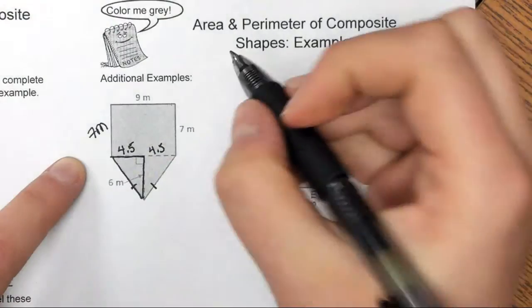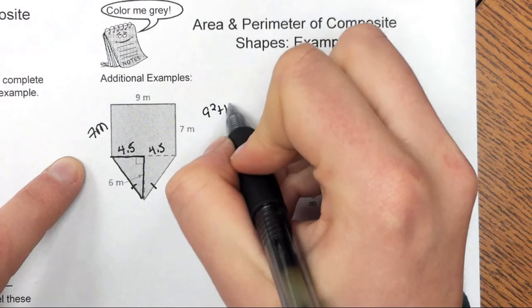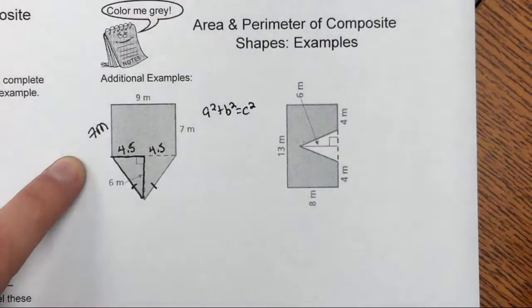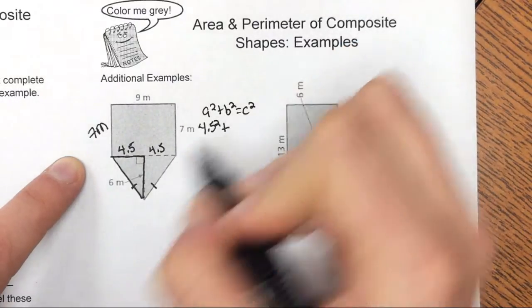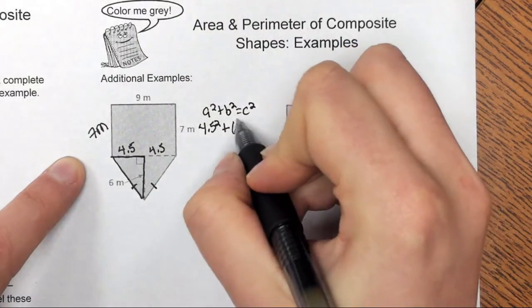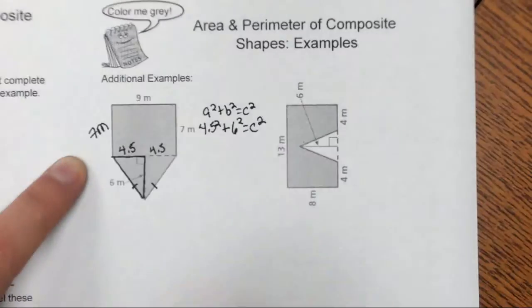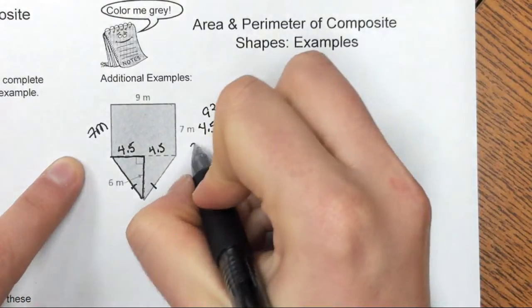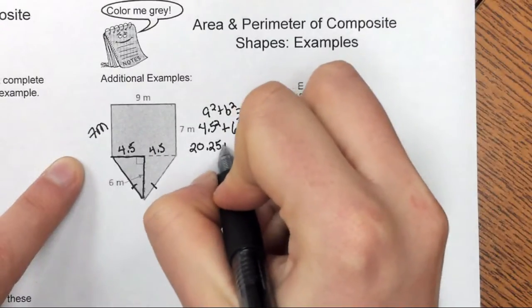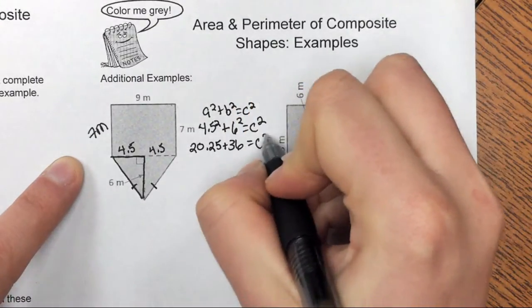Okay, so I'm going to use a squared plus b squared equals c squared. So my a is 4.5, so 4.5 squared, plus b is 6, so 6 squared is equal to c squared. 4.5 squared is equal to 20.25, plus 36 equal to c squared.